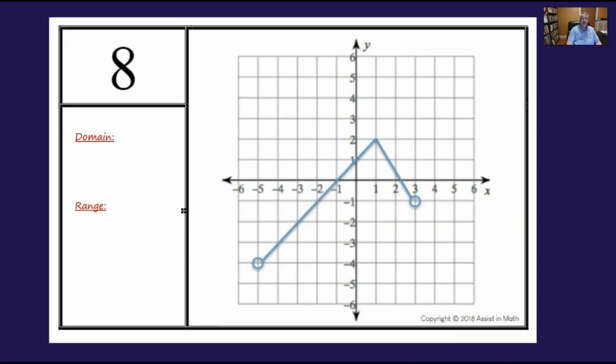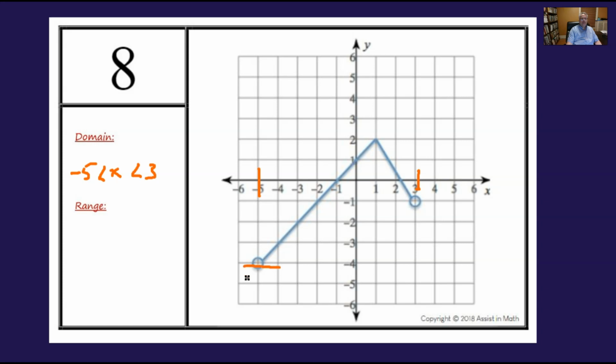Last one here, the domain. Well, this function, the furthest point to the left is -5. Furthest point to the right is 3. So we're going to say -5 is less than x is less than 3. They both have hollow dots, doesn't include those points, right? So I didn't put an equals under the inequality. And how low does it go?